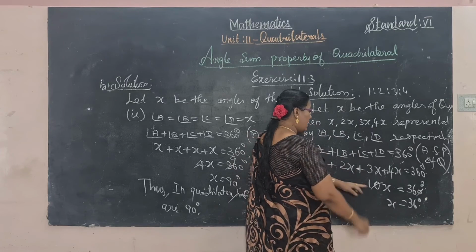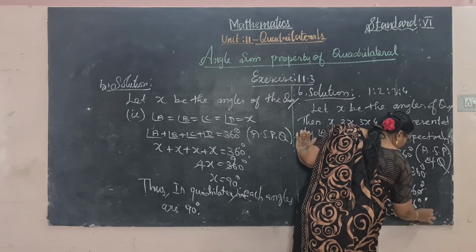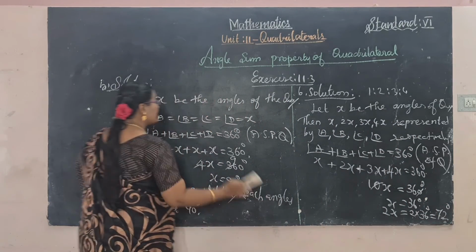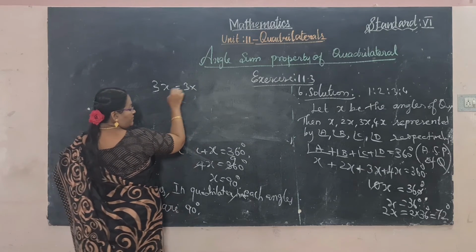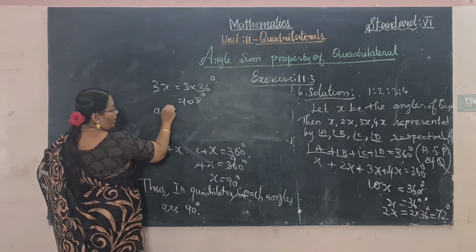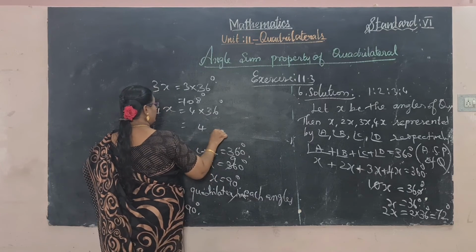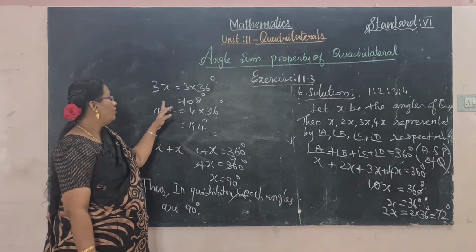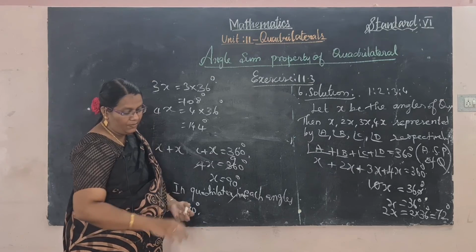Now we have to find the angles. The first angle is 36 degrees. Now find the second angle: 2x is equal to 2 into 36 degrees, equal to 72 degrees. Next, 3x is equal to 3 into 36, which is 108 degrees, and 4x is equal to 4 into 36, so 144 degrees. The sum of these 4 angles gives 360 degrees.